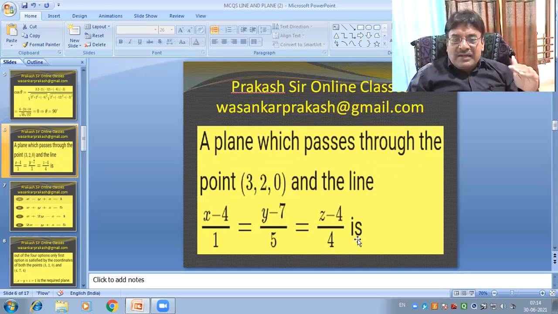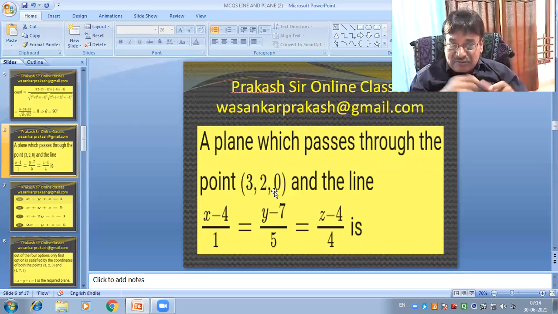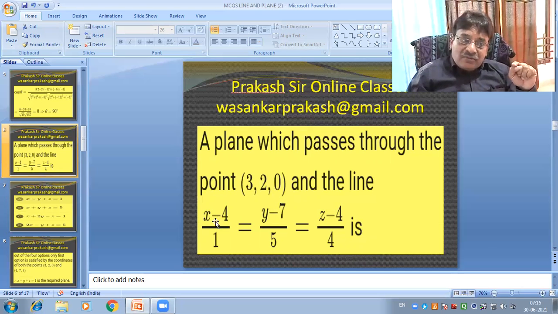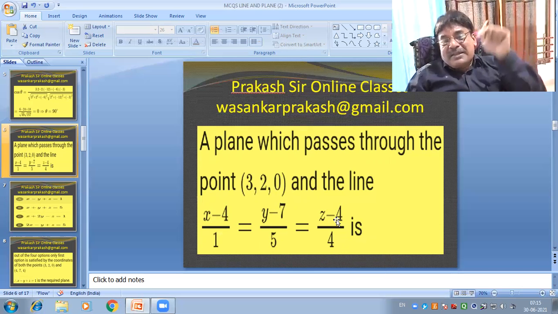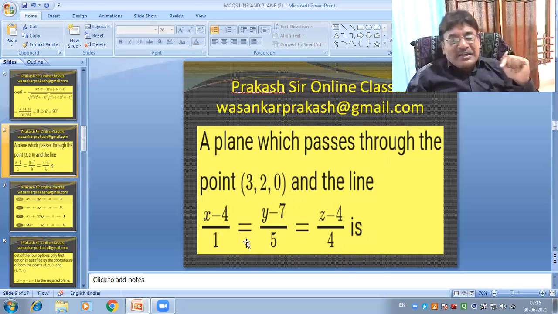So the required plane passes through the point 3, 2, 0. Therefore, this point satisfies the equation of the required plane. Again, the required plane passes through the line, and this line passes through the point 4, 7, 4. Therefore, the required plane also passes through one more point, that point is 4, 7, 4.